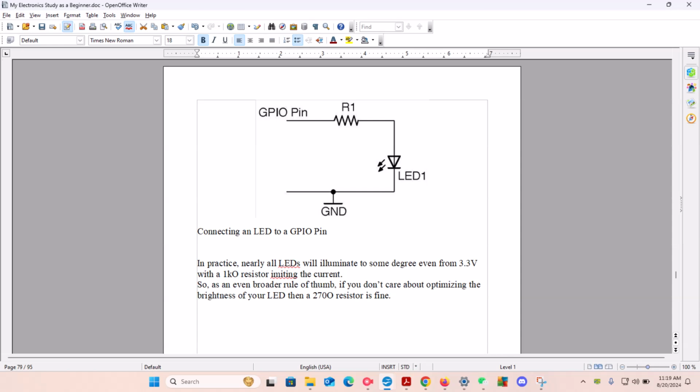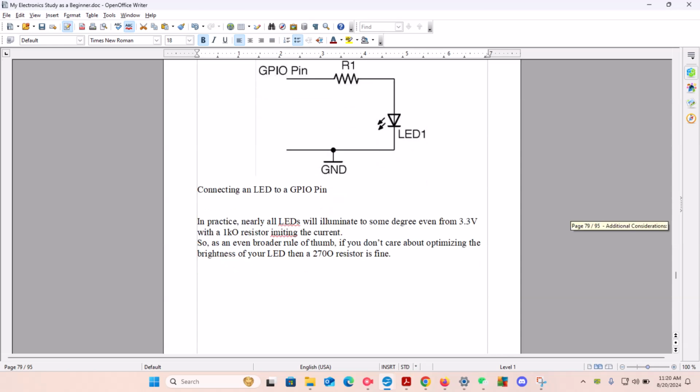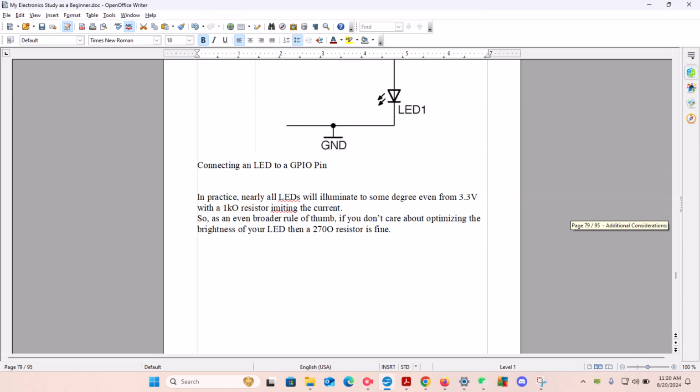You can see the GPIO pin going to resistance 1, which will regulate the amount of voltage that goes through. From there it's a one-way flow through the diode that will power up the LED and then eventually go directly to ground. That's how you connect the LED to a GPIO pin.